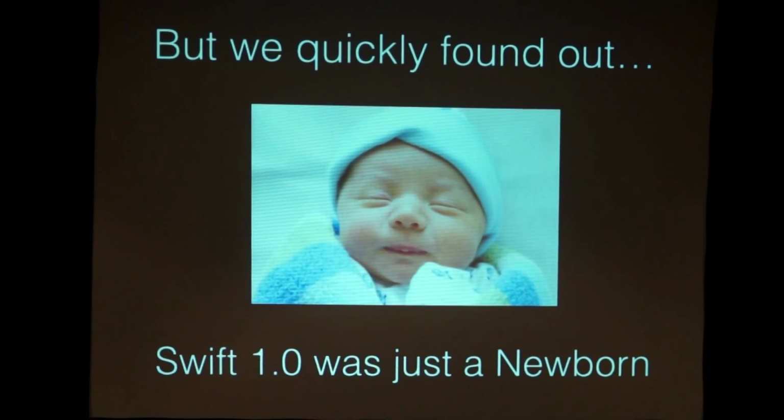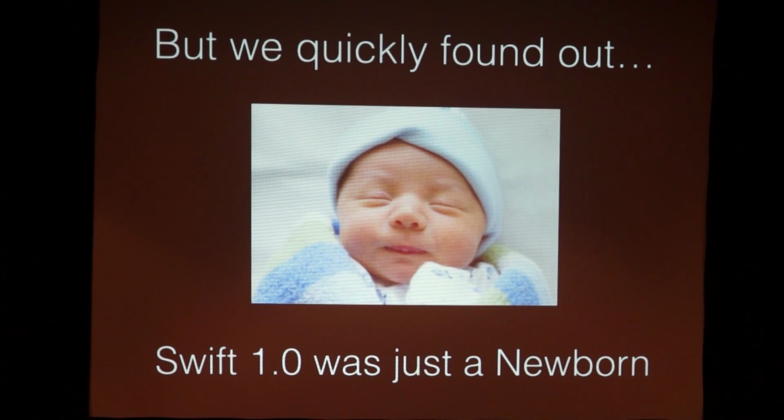So Swift 1.0, and the reason we call it a newborn was that the beta came out with Xcode 6, and every single time it seemed like they were updating it, Swift was breaking. And we were like, come on, please, let's finally get to a stable version here. And so anyway, we went through that pain point.